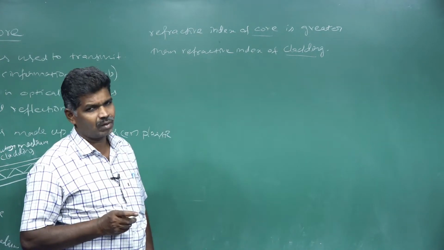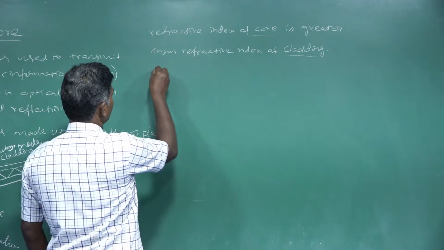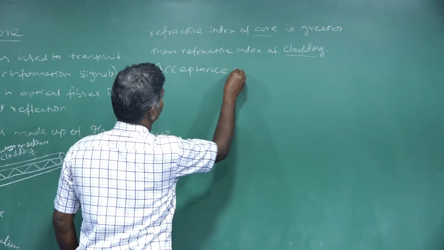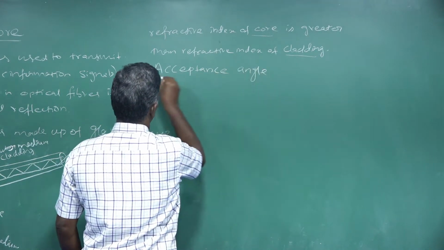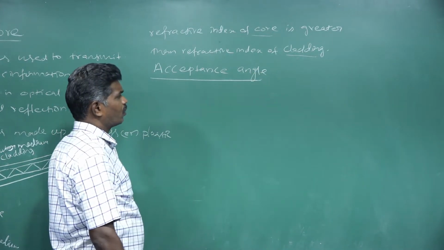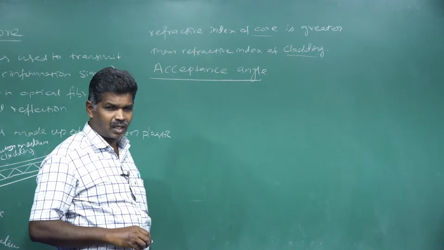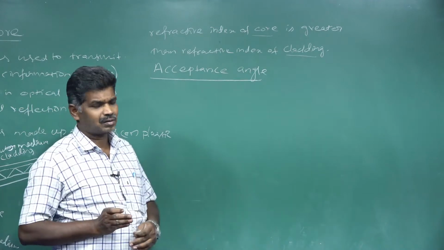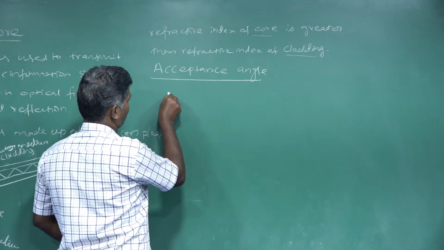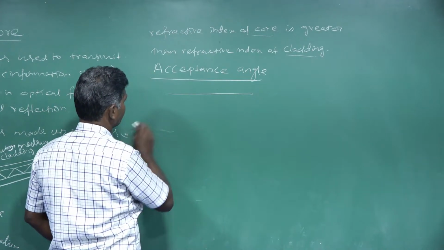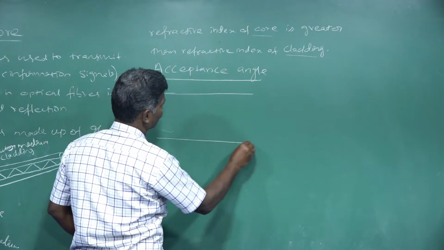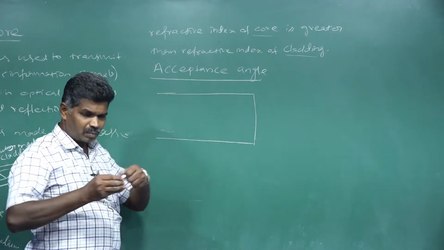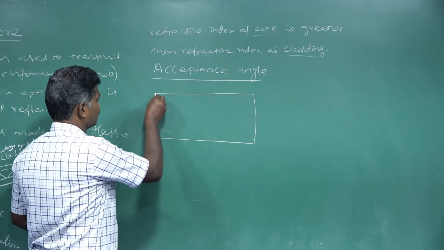So we will see the diagram with the acceptance angle. For that purpose, we are going to take a diagram with the outer medium, core medium and cladding. Actually it is a cylindrical shape only. For our angle mentioning purpose, we are going to take it like this.